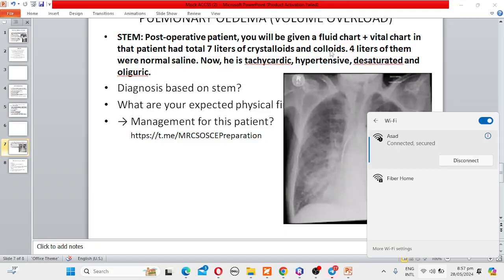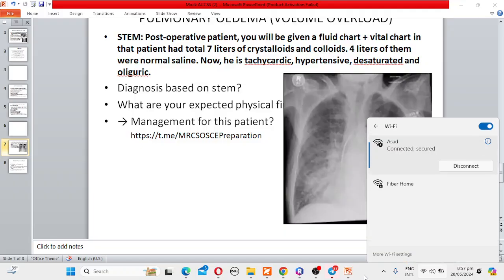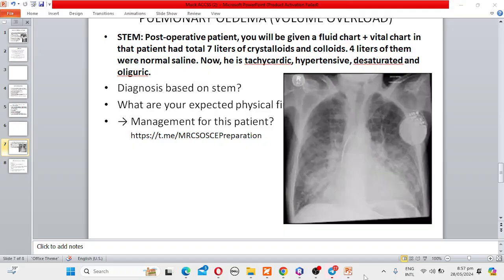What can be done to prevent this from happening again? First of all, I investigate how it happened. Then I monitor the patient by urine output and central venous pressure.